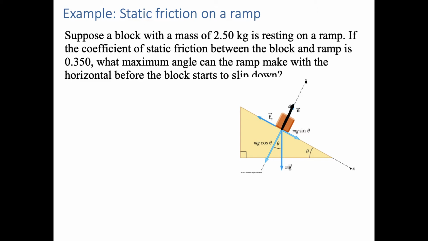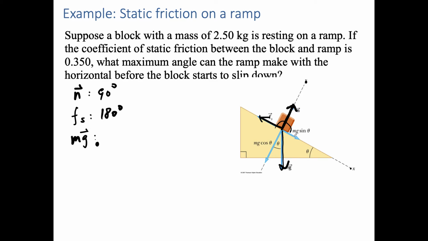So n is pointing in the positive y direction. So n has an angle 90 degree, and the static friction is pointing to the negative x direction. So its angle is 180 degree. And okay, mg pointing down. Those are three forces acting on the block. What's the angle of mg?